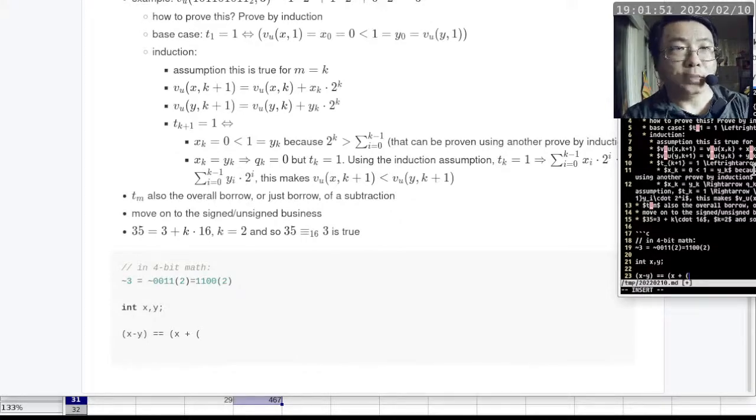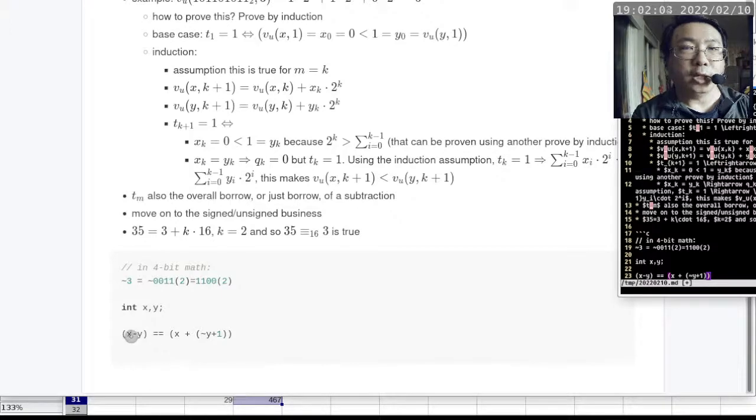Instead, you say arithmetic negation is really the same thing as bitwise not of y plus 1. So this equality should always hold, because when you subtract y from x, you are basically adding the arithmetic negated version of y to x, but we know that the arithmetic negation can also be done using bitwise not plus 1. So you can try this out.